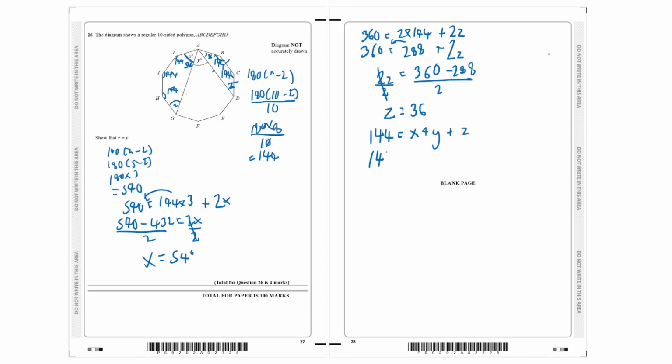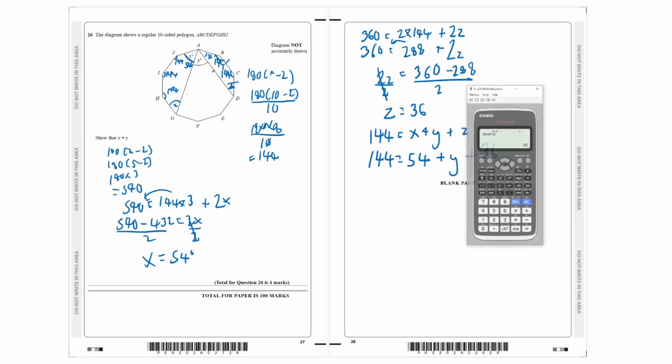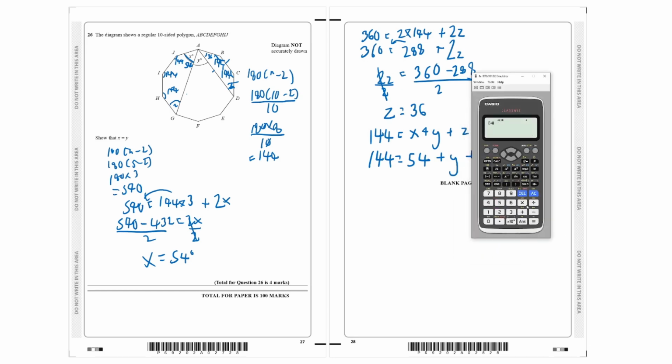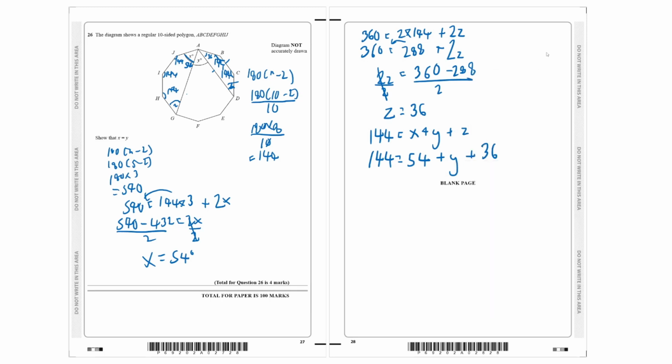Since we know what x is, we can write it here, which is 54. And we don't know what y is, but we know what z is, which is 36. We can then combine the like terms. So we have 54 plus 36 gives us 90. So we have 144 is equal to 90 plus y.